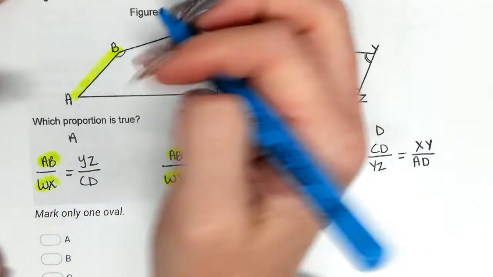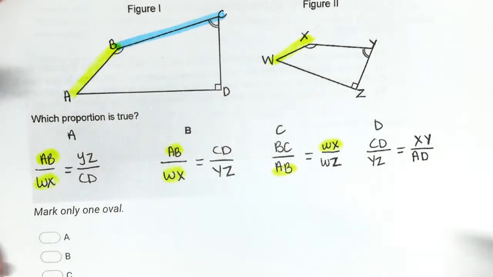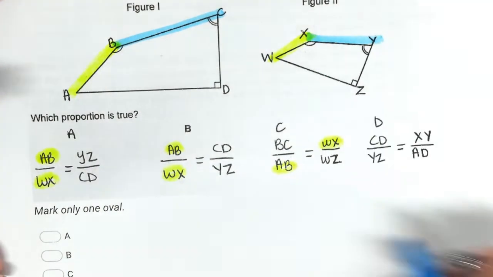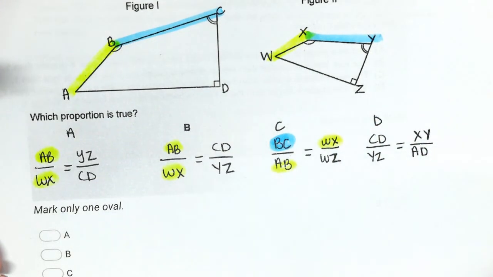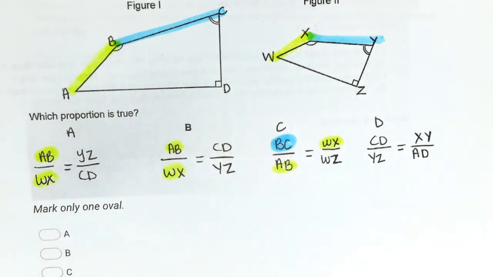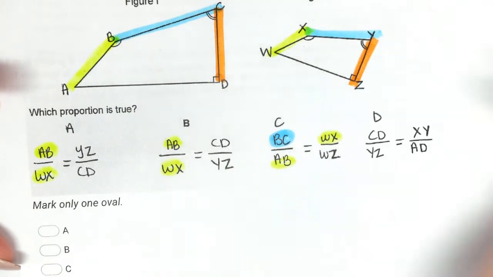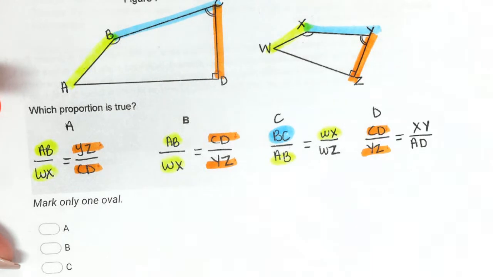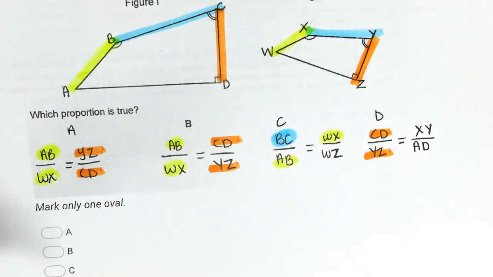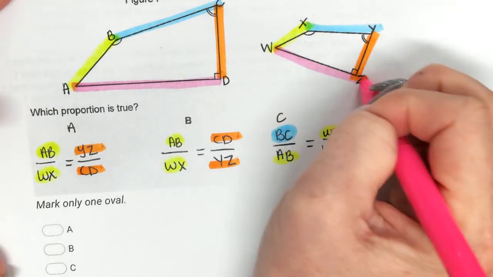What corresponds with BC over here? X and Y. So BC, X and Y. Did I miss anything? I don't think so. All right, what corresponds with CD over here? All right, so CD, YZ, CD, YZ, CD, YZ. And what corresponds with AD?